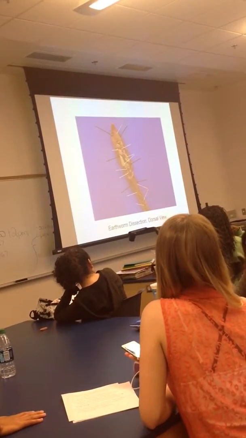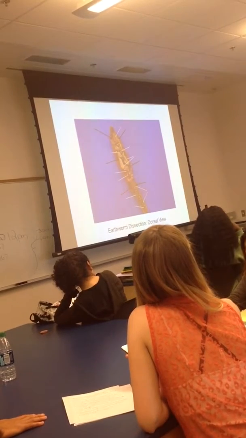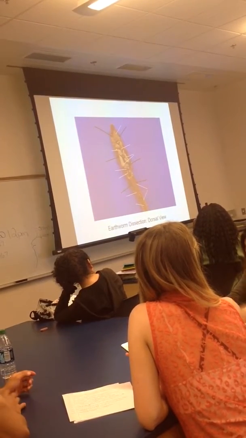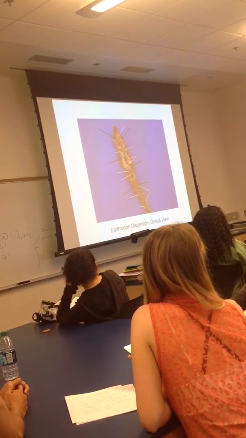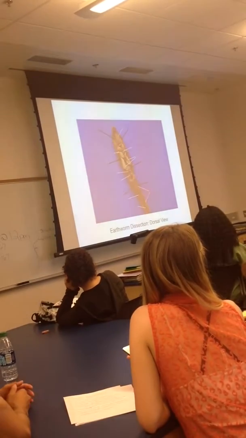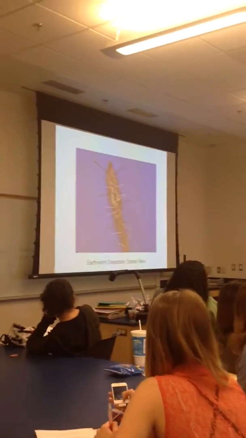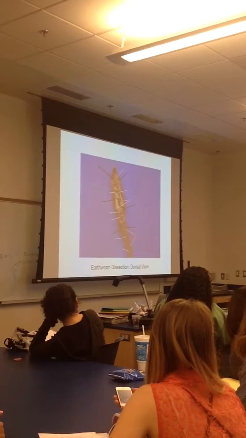If you have your dissection guides with you, you can take a second to pull them out so we can do the labeling. These are online in a folder called dissection guides. We're going to start with the earthworm and then go to the crayfish.